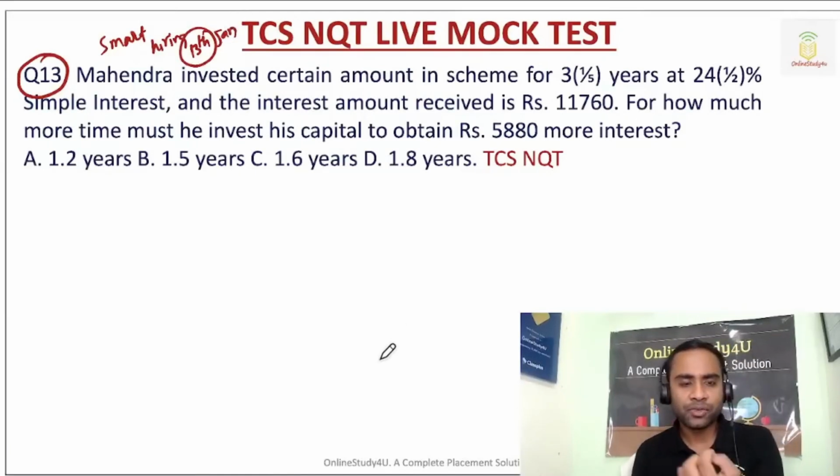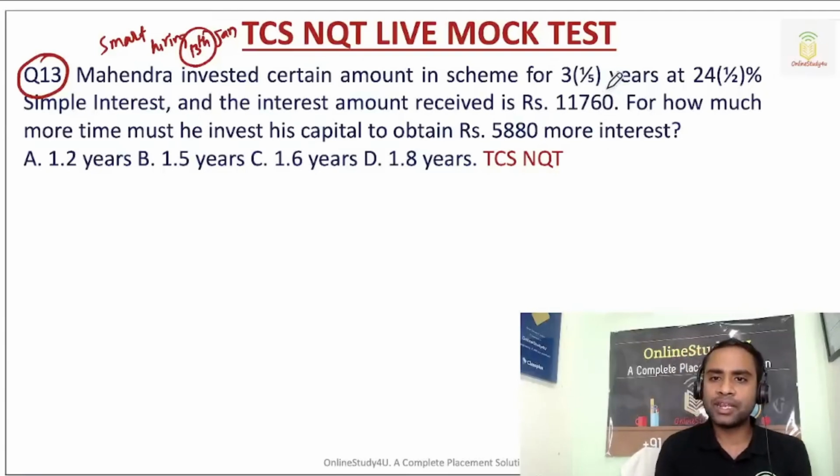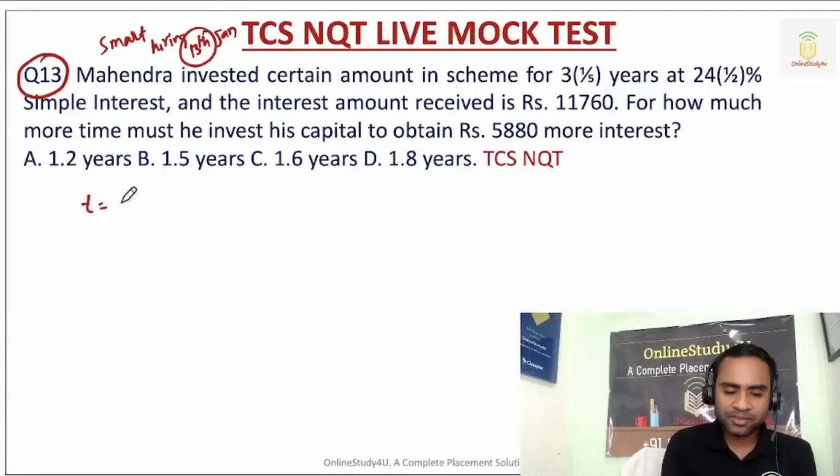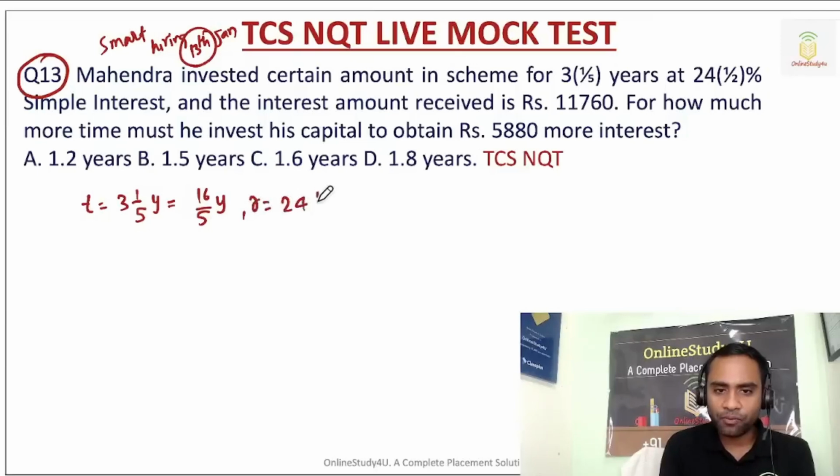Please let me know. So Mahindra invested a certain amount in a scheme for 3.5 years. So time is 3 1 by 5 years, that means 16 by 5 years. Okay, fine. And rate 24 1 by 2 percent, that is 49 by 2 percent, no problem.